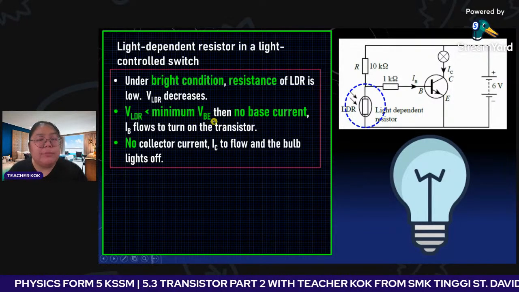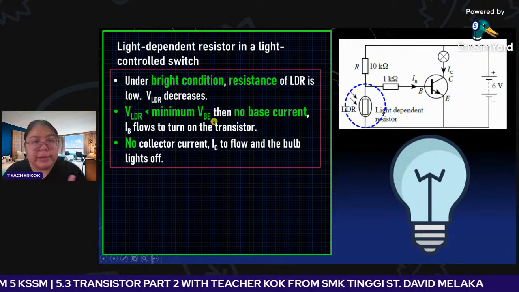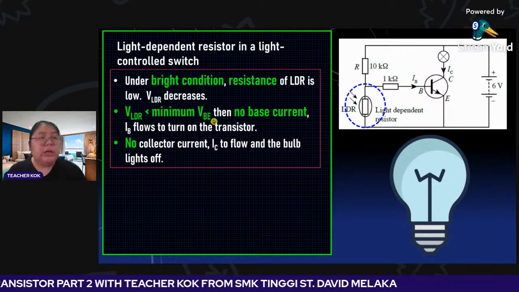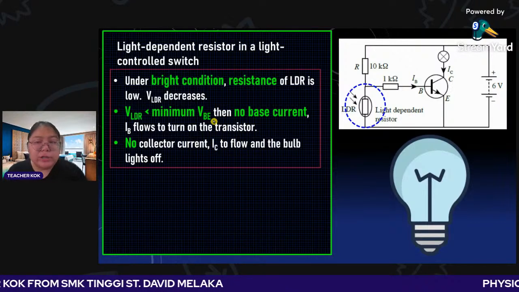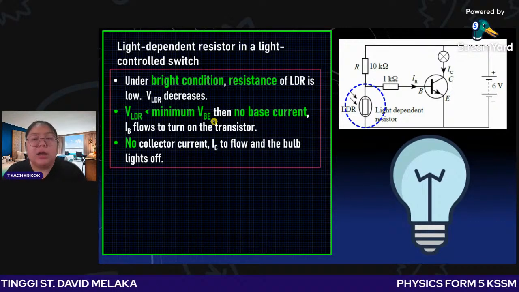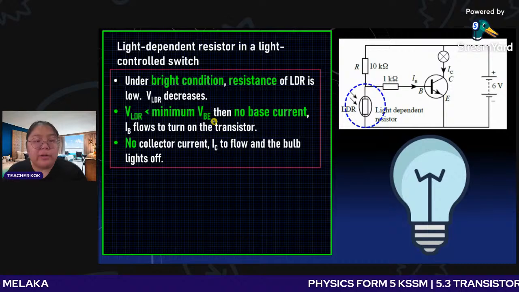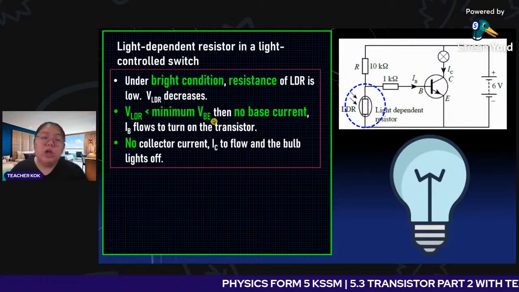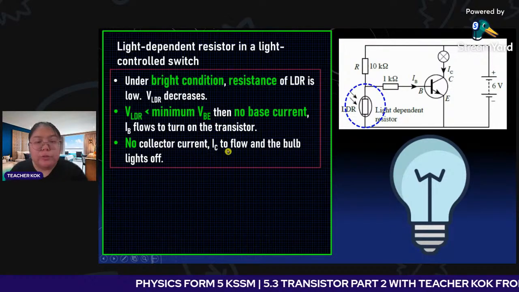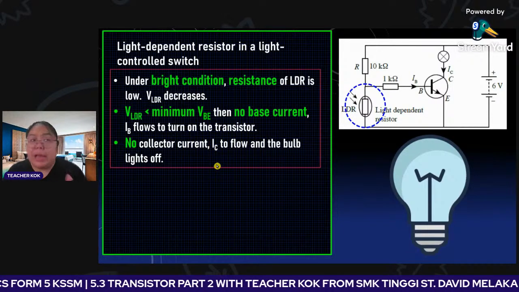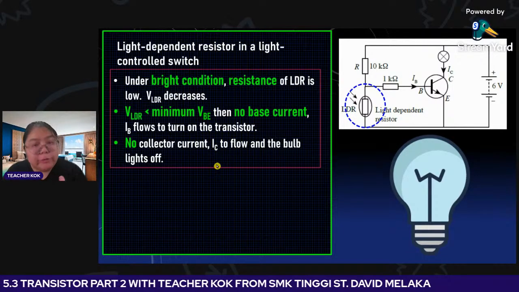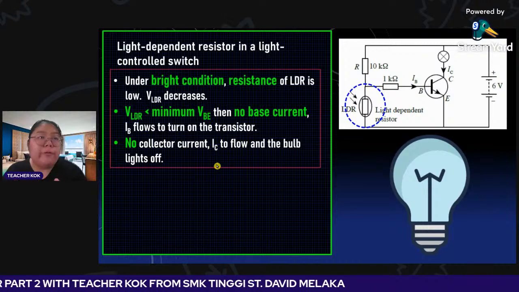Smaller than the junction voltage means no base current. If there is no base current, the transistor is off. With no base current, there is no collector current to flow, and the bulb turns off. So during the day, it will be off.